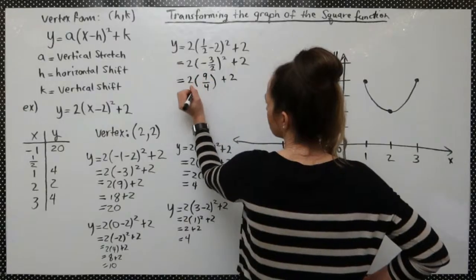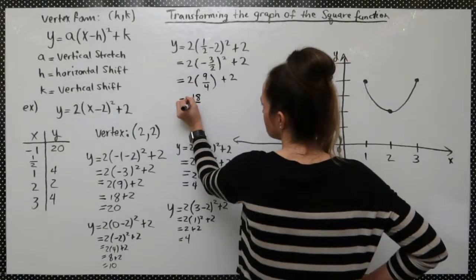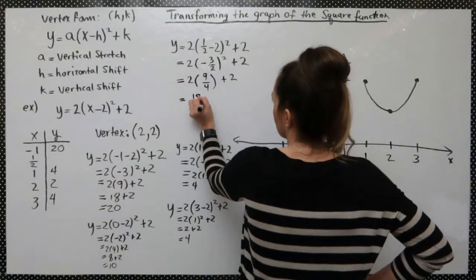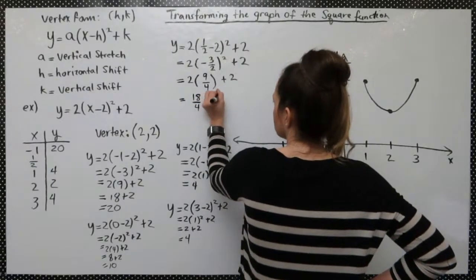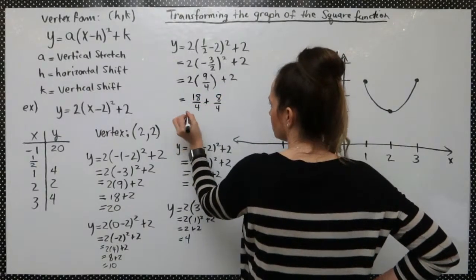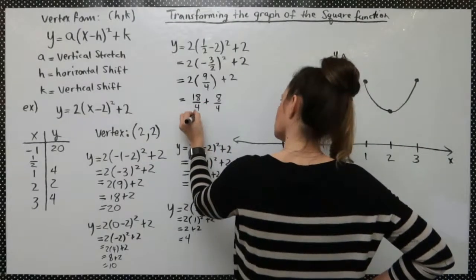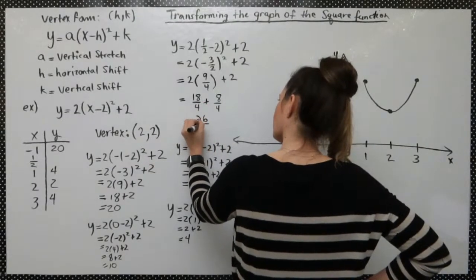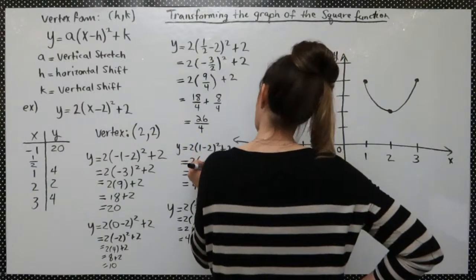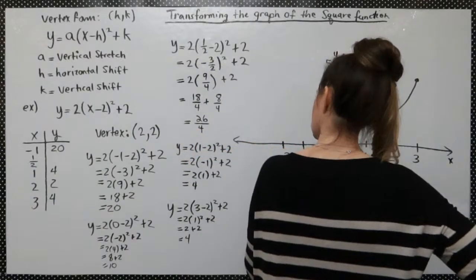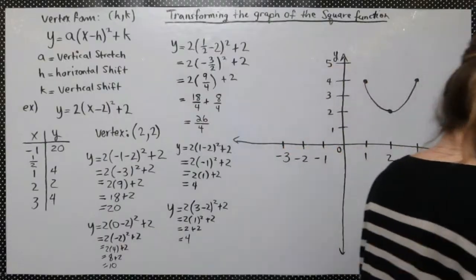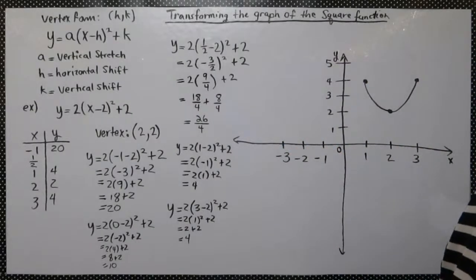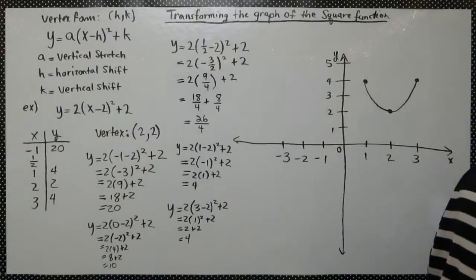And then that becomes 2 times 9 is 18/4, and then 8/4 is 2, so 18 plus 8 is 26/4, which is, let's see, 24, 6, 26. So it's almost 7. So it's between 6 and 7. 26 divided by 4. Okay, 6.5.